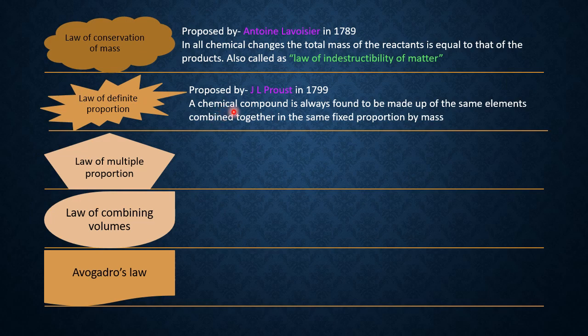Whether you collect water from the borewell, the river, the ocean, or the rain, the source is not important. When I speak of water, I mean pure water. In pure water, the ratio of O to H is 8 is to 1, or H to O is 1 is to 8 by mass.